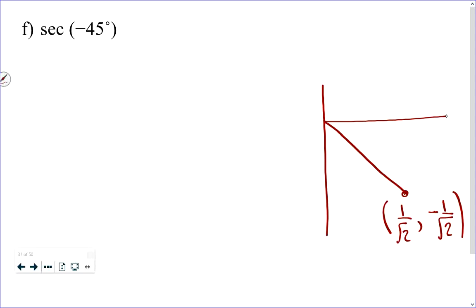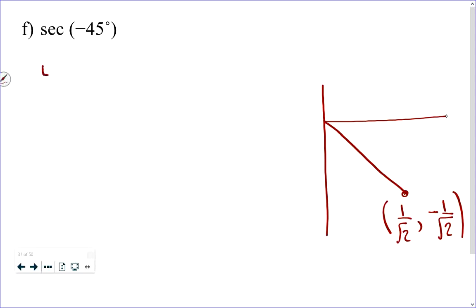How many of you thought root 2 over 2 instead? The reason why I'm using 1 over root 2 is secant is the reciprocal of cosine. It's the reciprocal of x. And if I reciprocate 1 over root 2, I get root 2. I get a nice number. If I reciprocate root 2 over 2, I get 2 over root 2, which I have to rationalize.